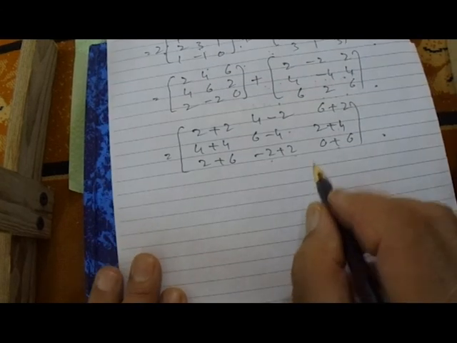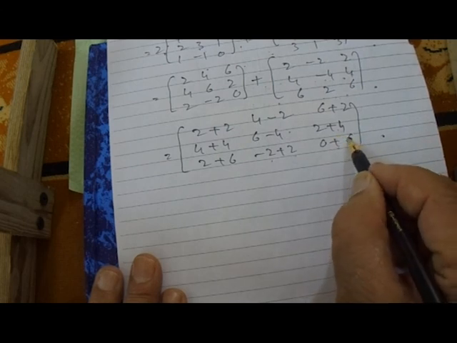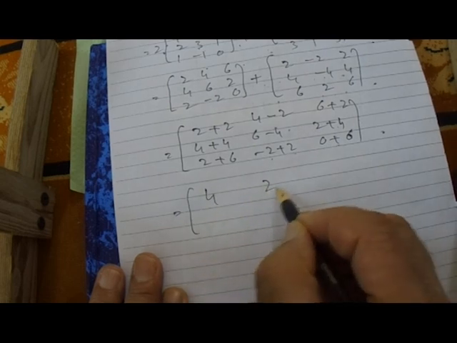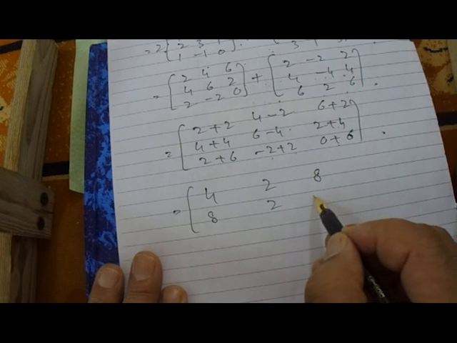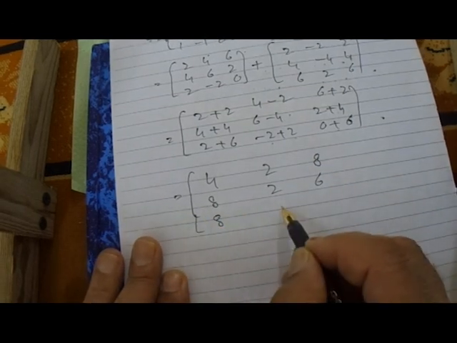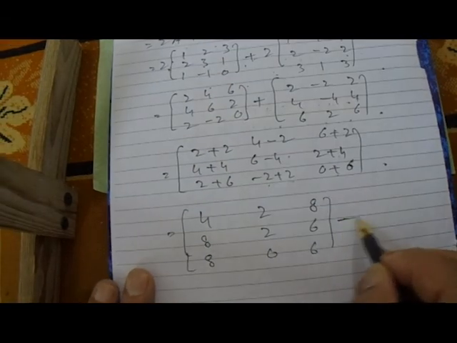Write again this: 0 plus 6, 0 plus 6, 4 2 8, 8 2 6. Here also again 8 0 and 6. Now it is our left hand side.